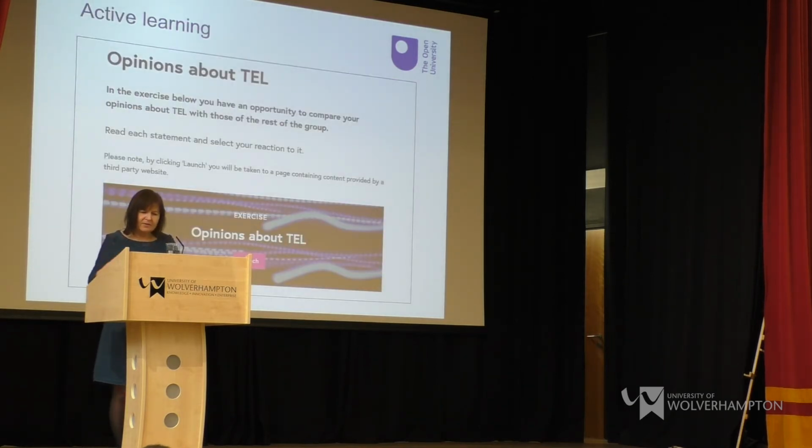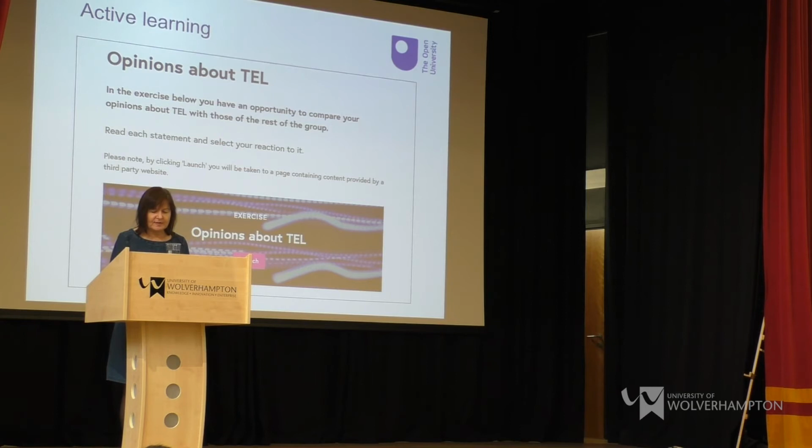So just to develop that a little bit more, with the active learning aspect, there are lots of activities that get the learners to do something, which might involve, for example, some reading first or some research, and then making use of what they've learned.